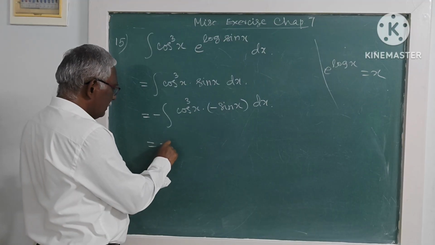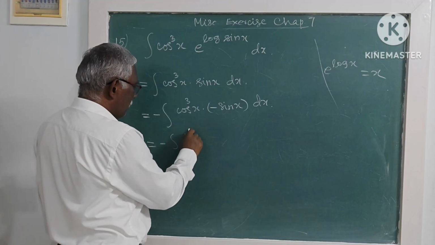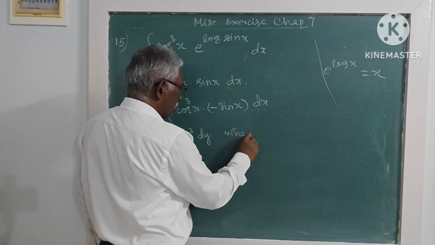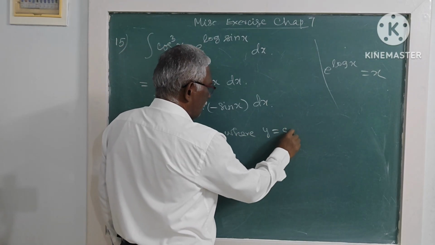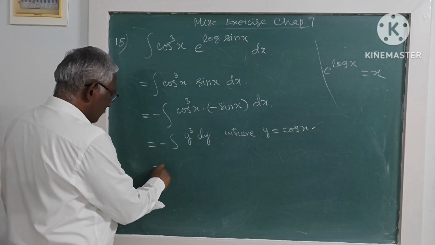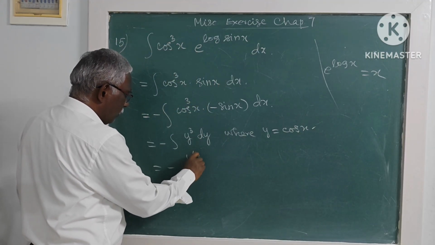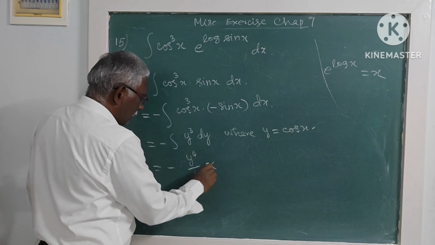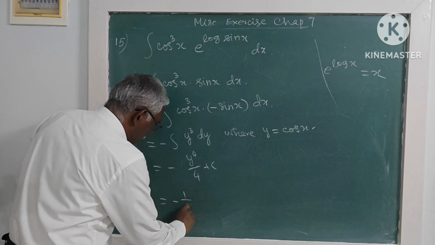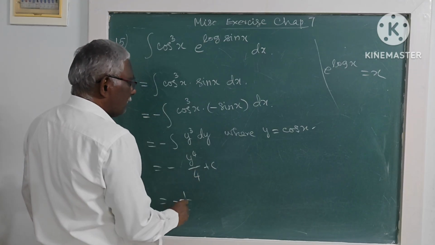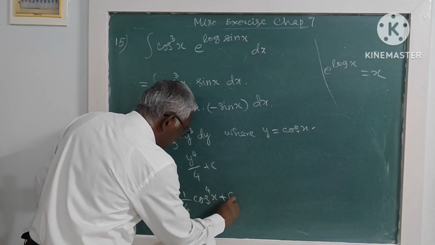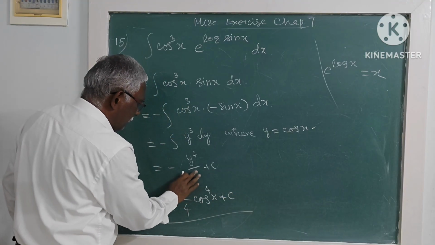So now we can write this as integral y cube dy, where y is equal to cos x. This is nothing but minus y power 4 by 4 plus constant. So minus 1 by 4 times y is what? Cos x. So cos power 4 x plus constant. So this is the answer.